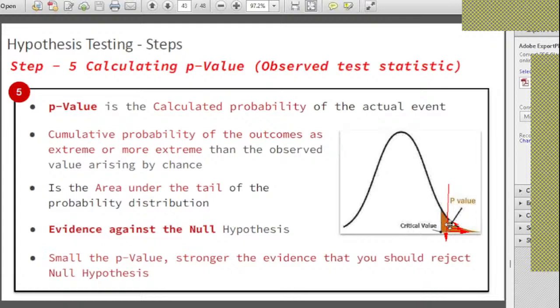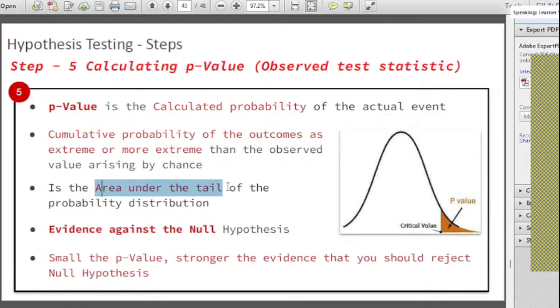All the events that have this extreme occurrence probability will give me a p value. That is why it is said to be the cumulative probability of all outcomes as extreme or more extreme than the observed. It is the area under the tail.